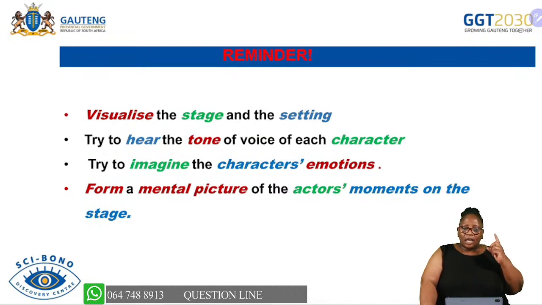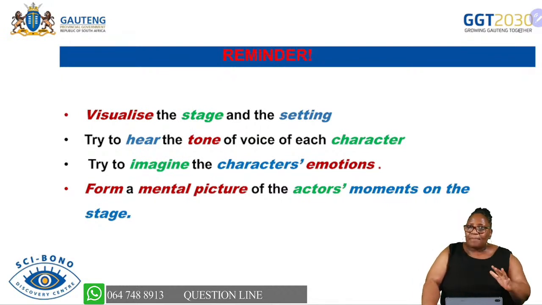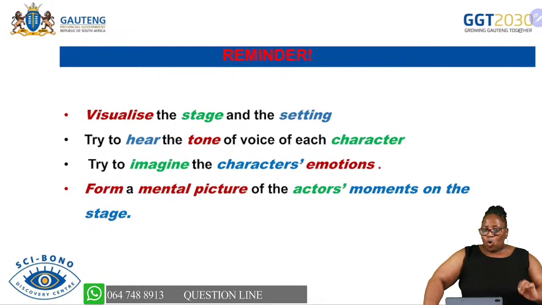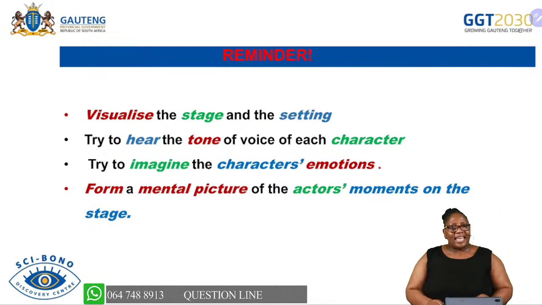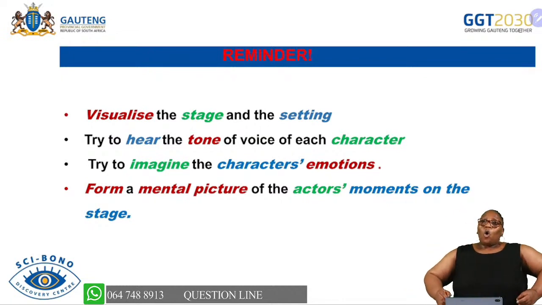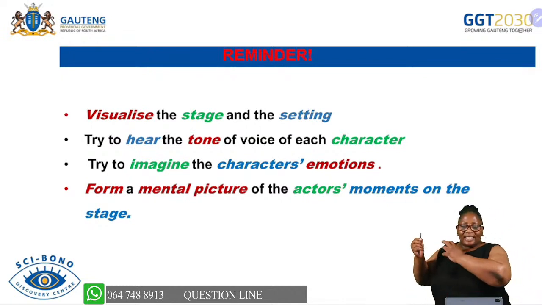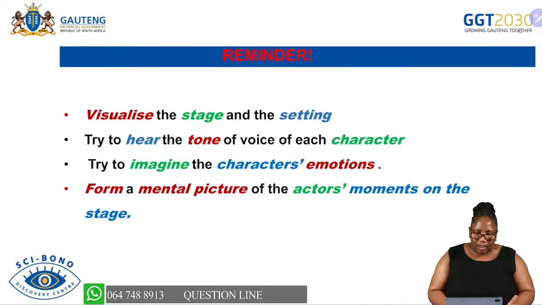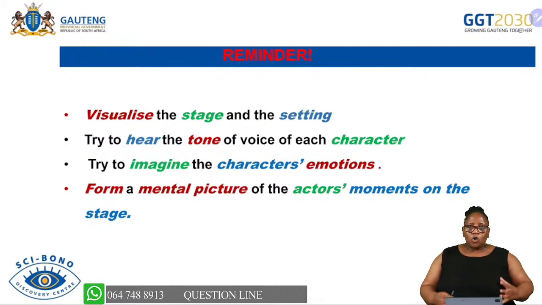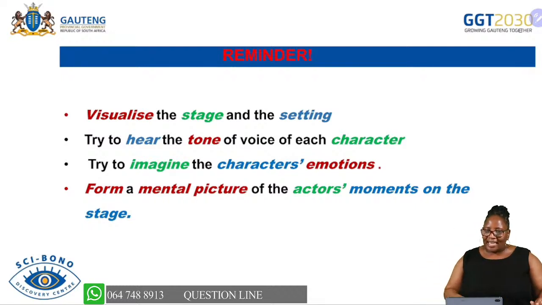In your head, form a mental picture of the actor's moments on the stage. A drama is a performance meant for the stage. But what we are doing as grade 12 learners of English, we take what is meant for the stage and study it on paper. So that's the reason I say you need to visualize the stage.